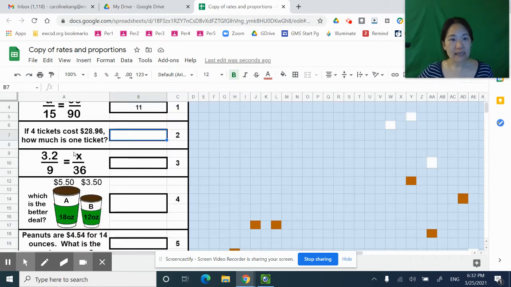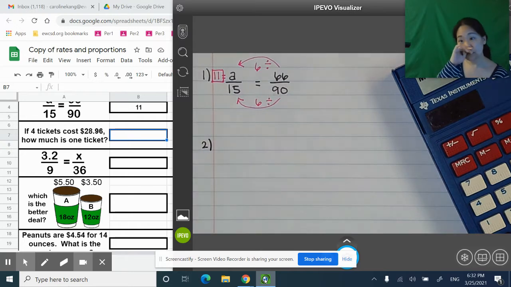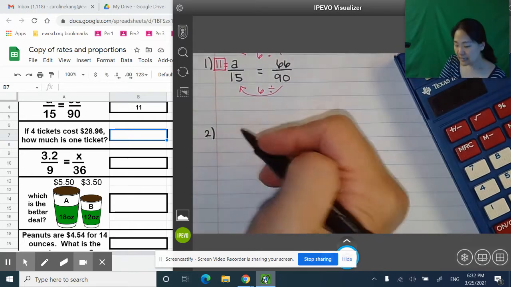Number 2. If 4 tickets cost $28.96, how much is 1 ticket? 1 ticket means it's a unit rate problem. So let's set up that problem right here. You're looking for the unit rate.